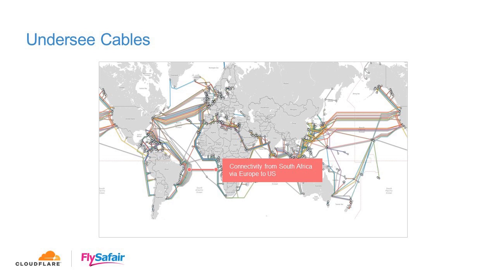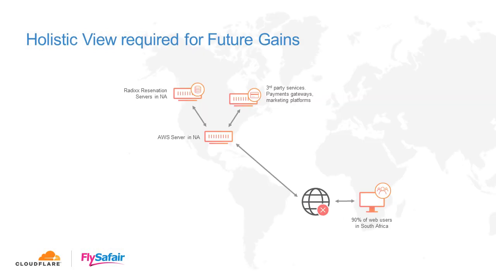The reason for that was that Orlando, Florida is where our Radix backend or reservation system was hosted, and Amazon Web Services doesn't have a presence in South Africa or even Africa. So we had to make different decisions, and we valued it up, looked at the different options, and we decided that at the moment, it's still better to leave our service in the United States, even though most of our customers are in South Africa.